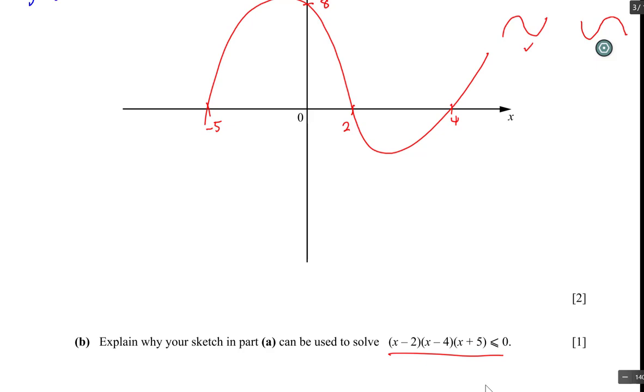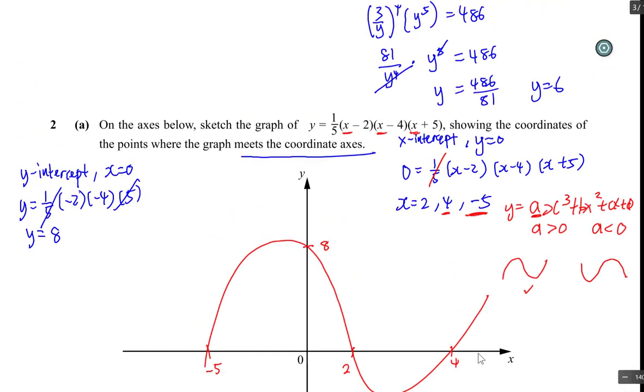So if you check out this equation and the equation given at the beginning here, you realize they are quite similar, right? The highlighter is not so good. So if I copy this and go to part B, you will realize the 1 over 5 is actually gone, and this equal sign changes to an inequality, the y becomes 0.